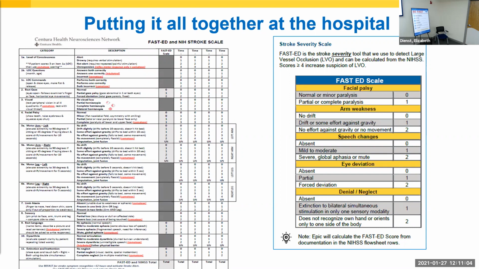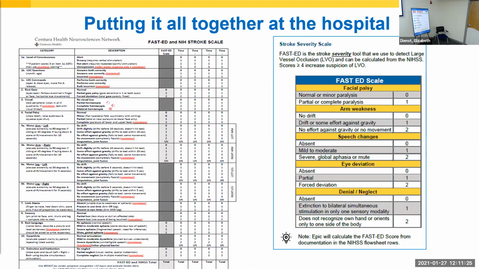It goes into our NIH tool. You can see there's like 11 pieces of information of neurologic problems that we're going through. That's why we don't want EMS providers doing this. It takes a long time to get it done. BFAST is much faster and it gives us all this information.